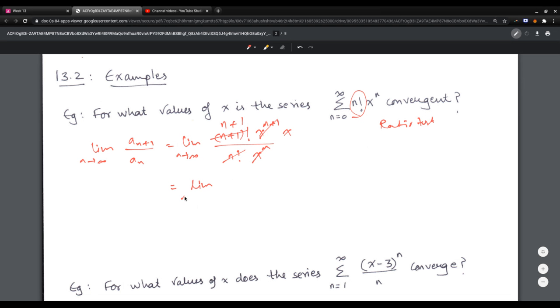So this is the limit as n goes to infinity of n plus 1 times x. This is going to go to infinity regardless of x, right? And what does the ratio test say about when the ratio is more than 1? It is divergent, which means that for no values of x does it converge. Okay, so this is never going to be convergent.